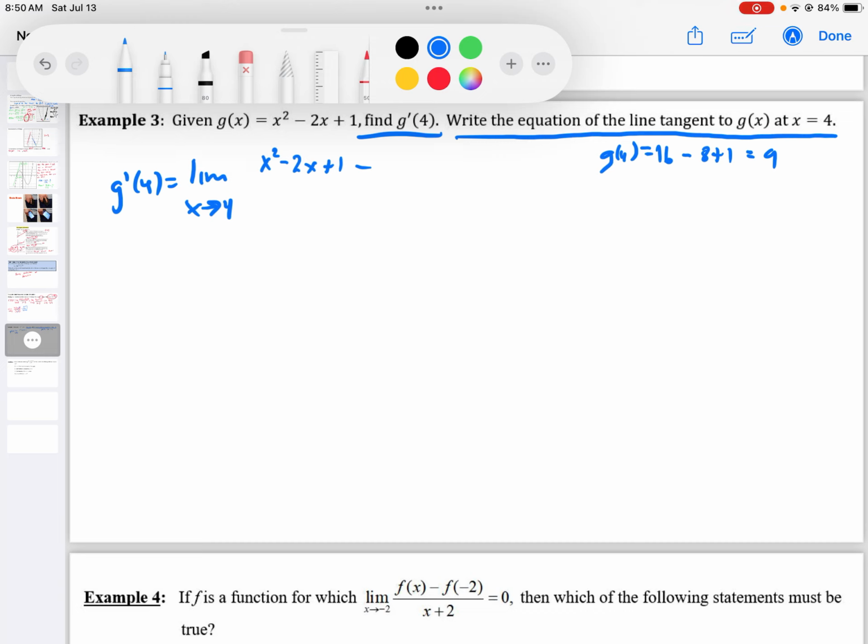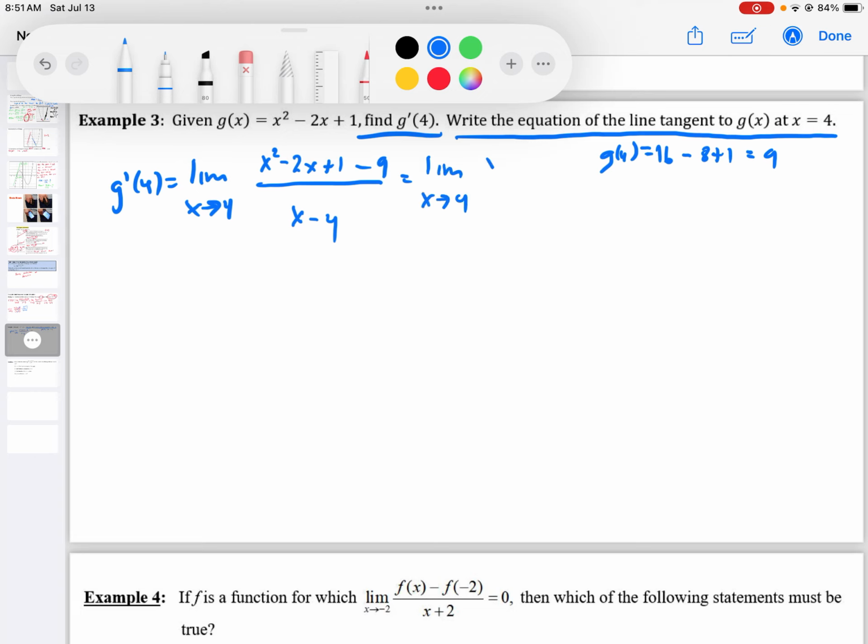Is that 9? 4 times 4 is 16, minus 8 is 8, plus 1, yes, I think it's 9. All over x minus 4.